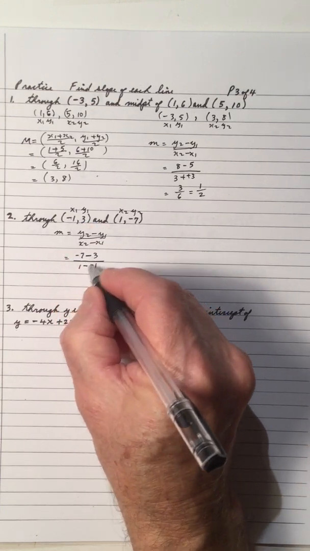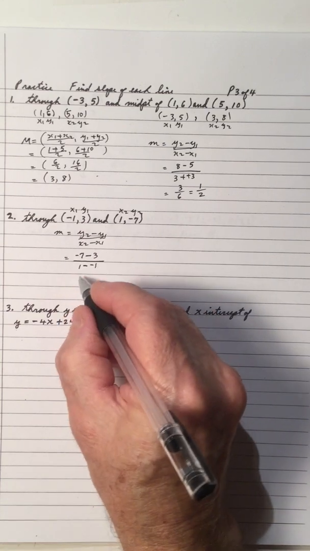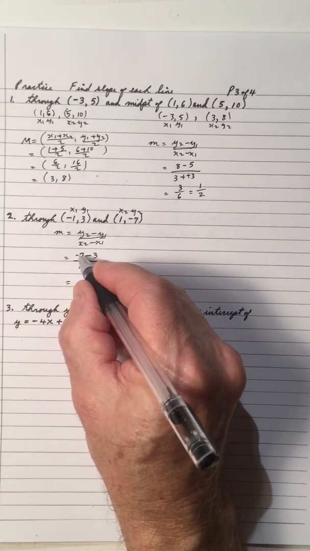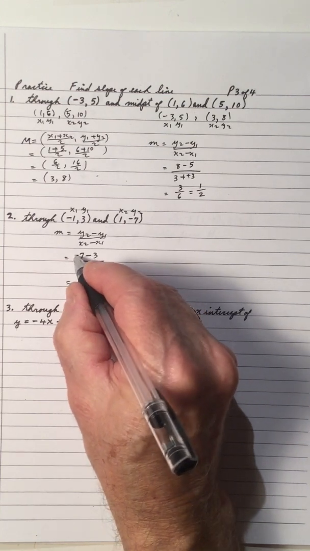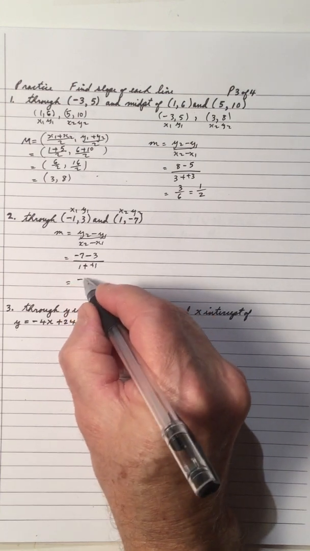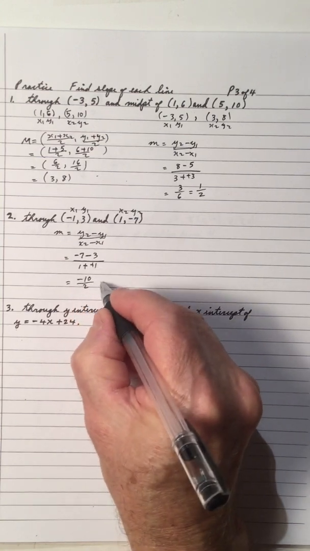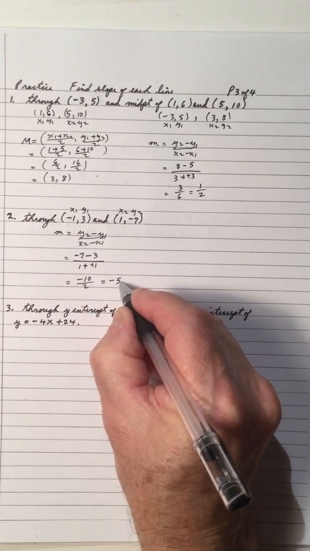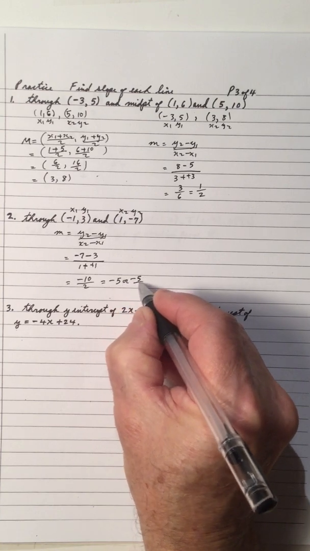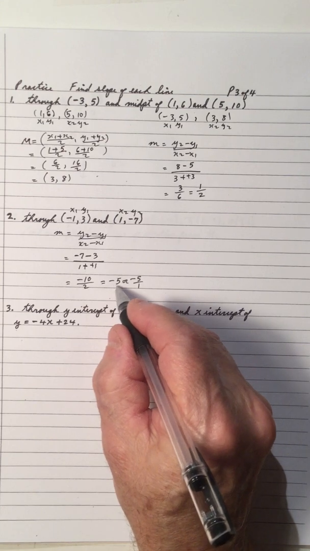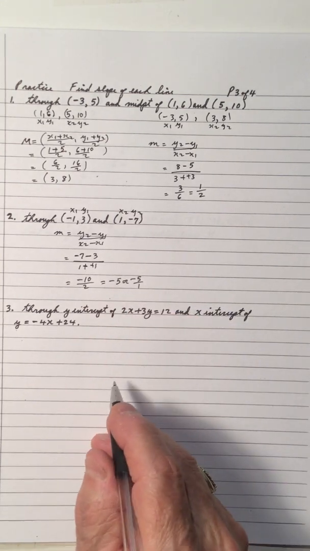So notice you always put the minus in and fill in the coordinates around it. So we have a double negative is a positive. So negative 7 subtract 3 is negative 10. And 1 plus 1 is 2. And that gives me negative 5, or negative 5 over 1. When you do a slope, it's a rise over 1, so the denominator is understood to be 1.